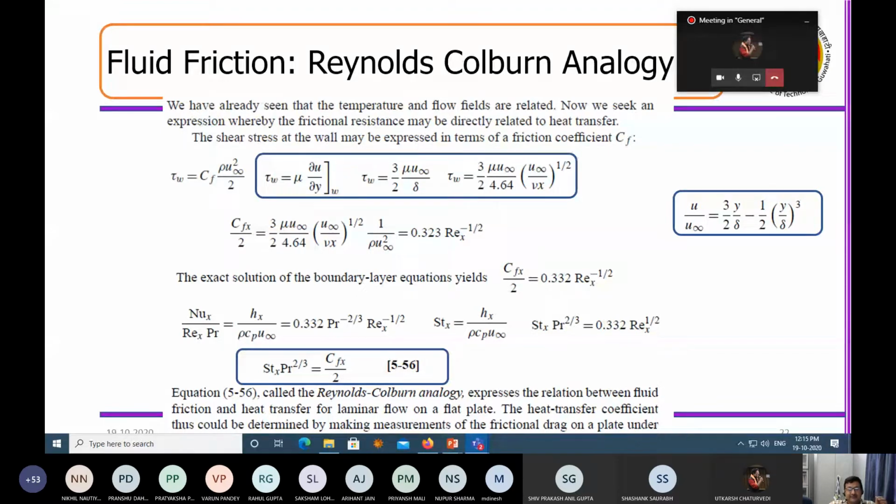Say suppose if there is a flow, there will always be a boundary layer. Now, if there is a boundary layer, there will always be a laminar sublayer in that boundary layer. The entire boundary layer can be laminar, or if the boundary layer is turbulent, there can be a laminar sublayer. Now, whenever there is a laminar sublayer, there will be frictional losses. Now, these frictional losses will in turn lead to the heat generation, right?